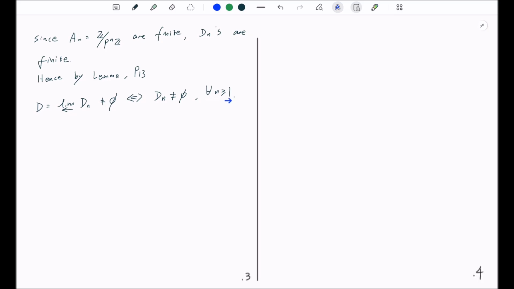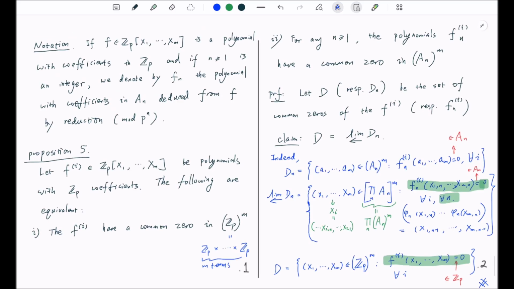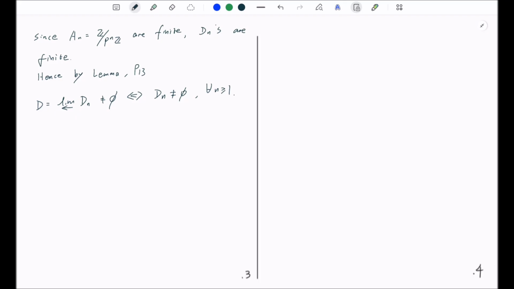So this is bigger or equal to 1. That is why I believe that there's a typo in Serre's book. It should be n bigger or equal to 1. And this completes the proof of the lemma.